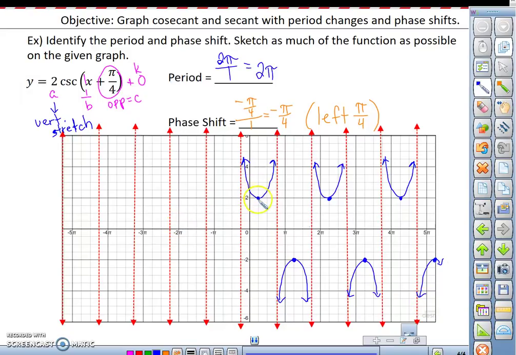Moving to the left, I have this relative minimum piece, so it's going to bounce down to a relative maximum. Bounce up to its relative minimum piece. That's not a good curve at all.